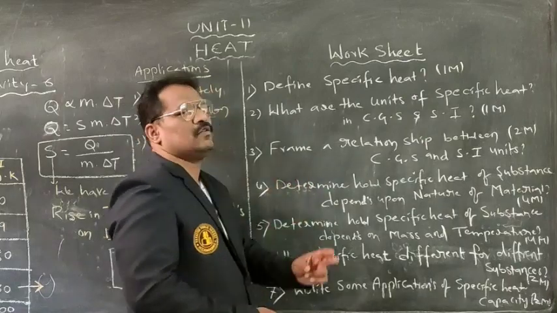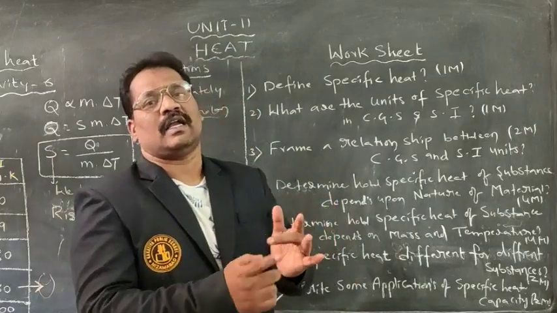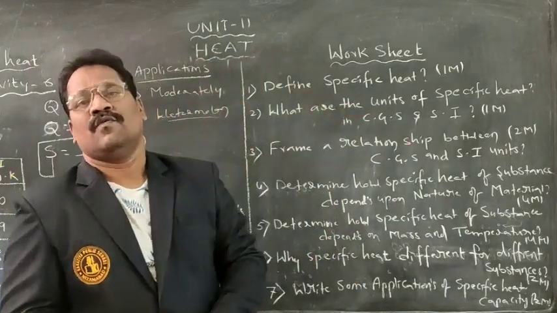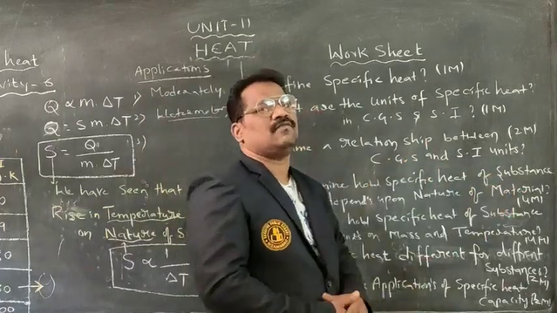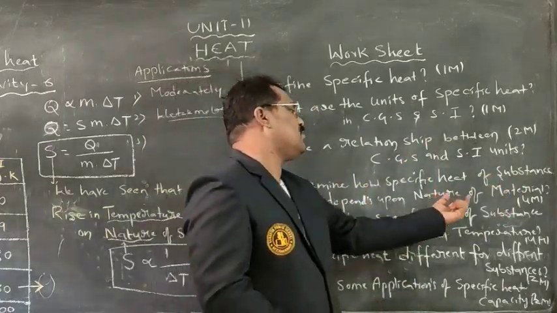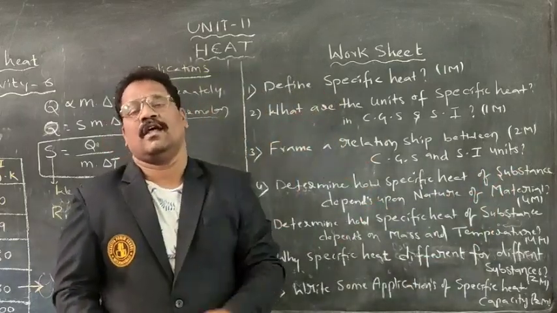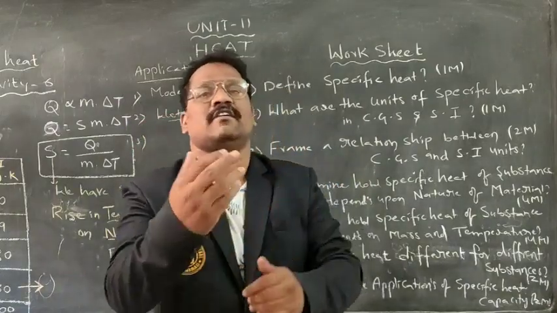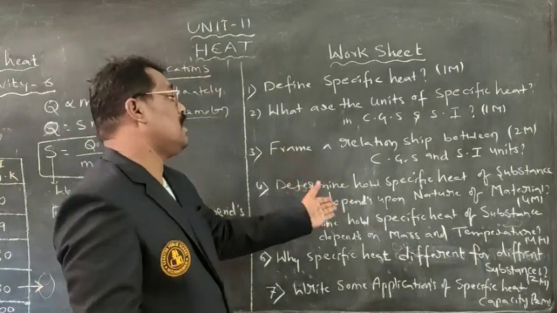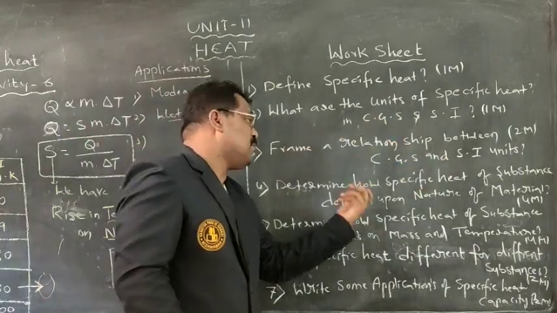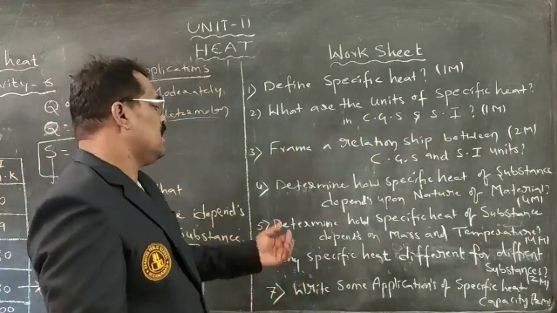Coming to 4 mark questions, two questions: activity 5 and activity 6 can be asked as 4 mark questions. Activity 5 gives information about how the specific heat of a substance depends upon the nature of the material.